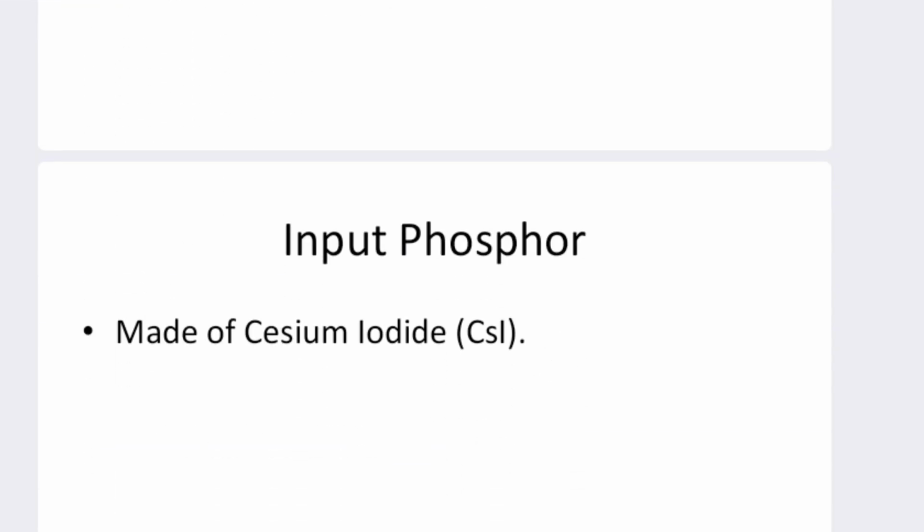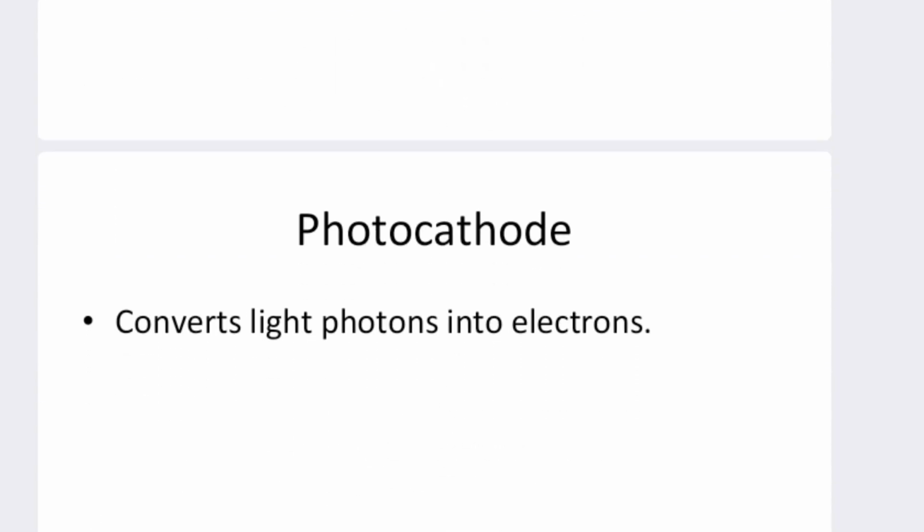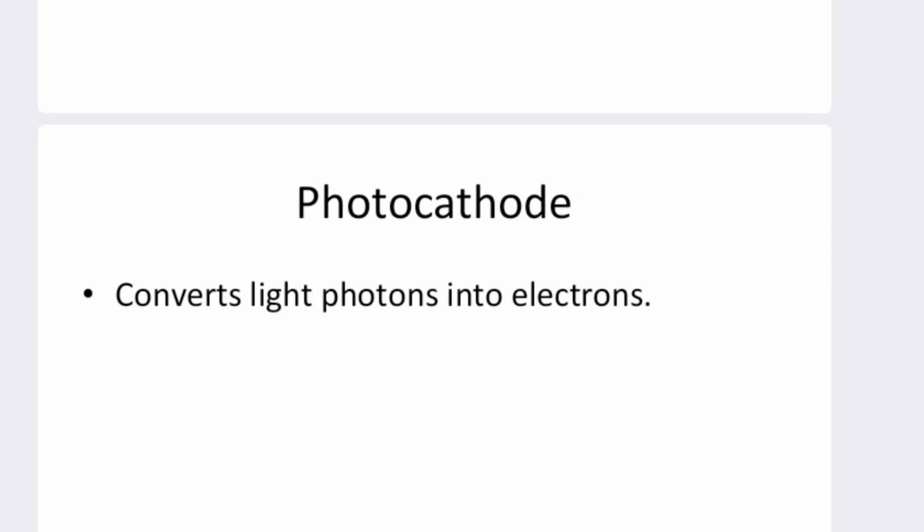The input phosphor is made of cesium iodide crystals, and the input screen is made of an aluminum window. There is a photocathode that converts the light photons into electrons, and it is made of zinc cadmium sulfide.